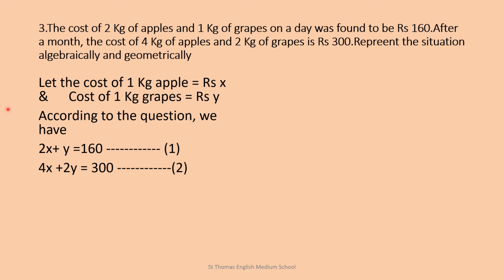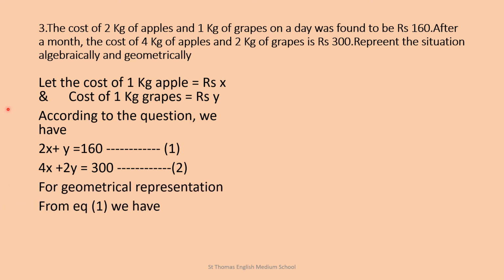For geometrical representation, from equation 1 we have y equal to minus 2x plus 160. You have to get three solutions for each equation. You can take any values for x and get the corresponding value of y.